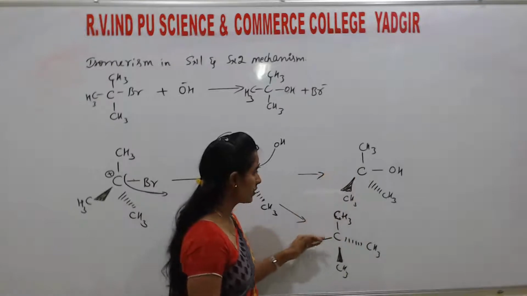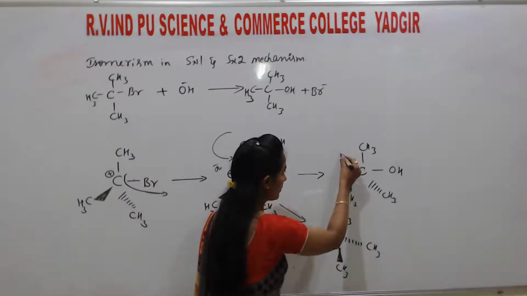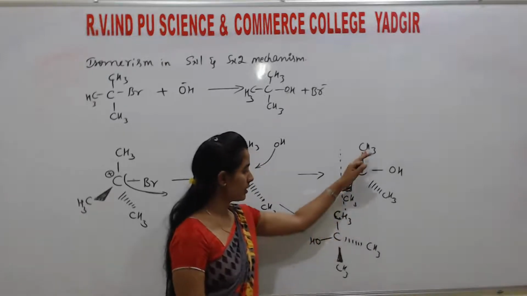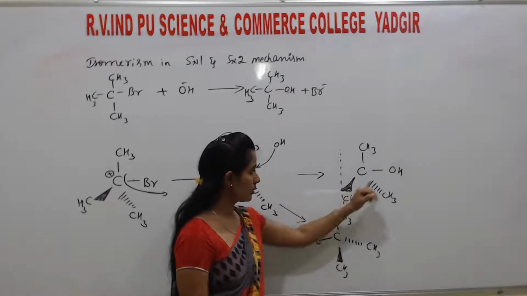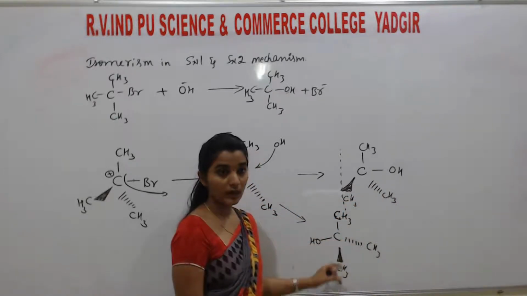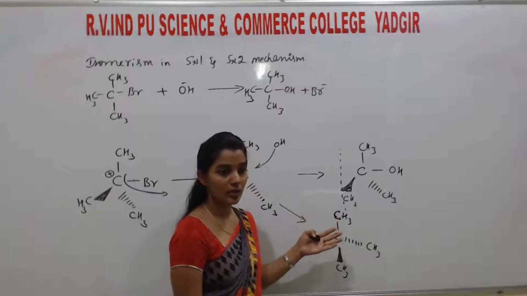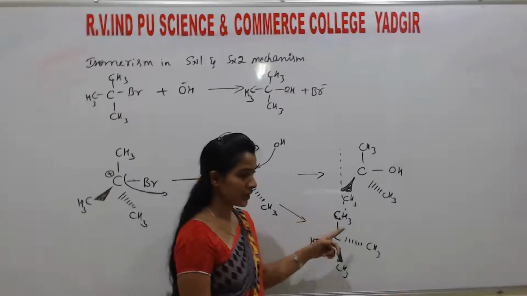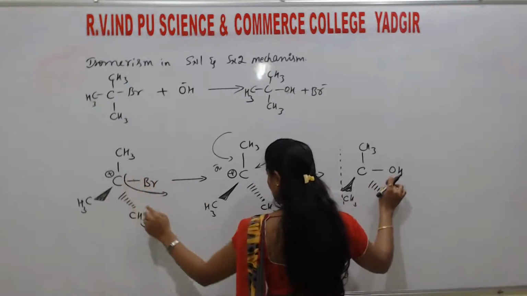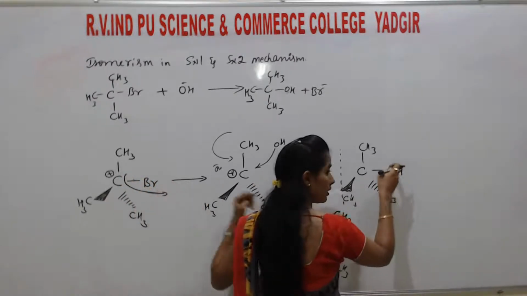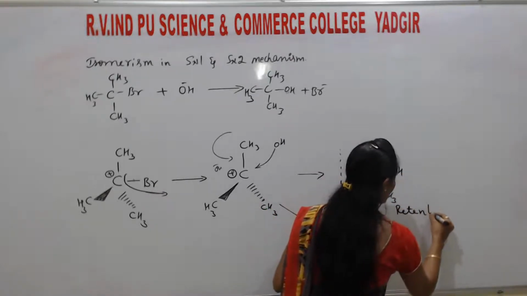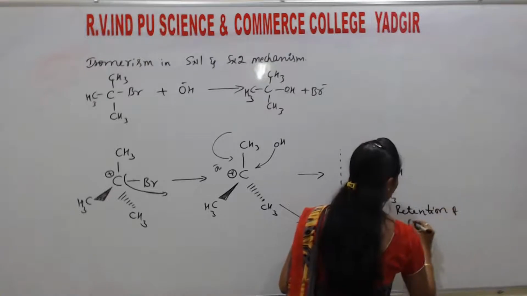If you write these two things, they exactly become mirror images in the opposite direction. So here, from whichever direction Br is dissociated, in that direction OH is formed, meaning this is retention of configuration.